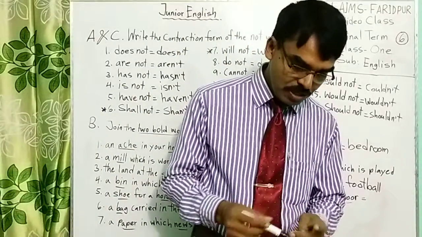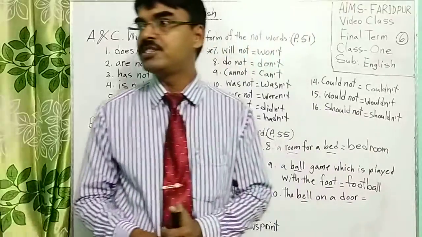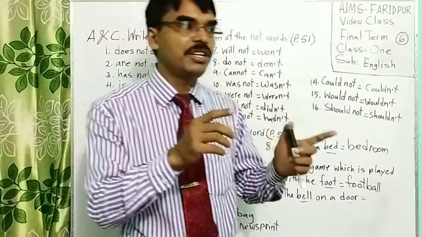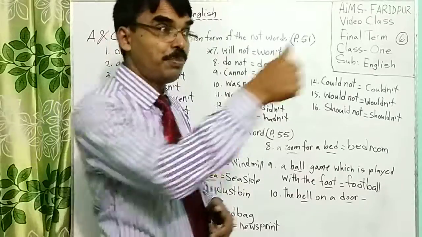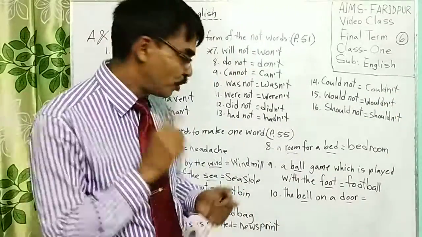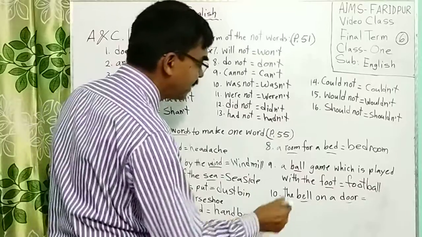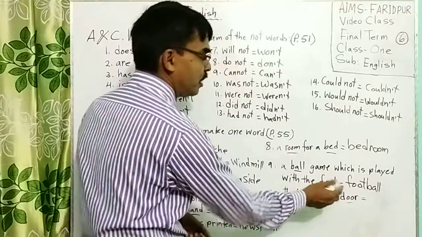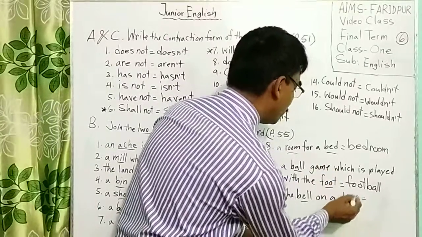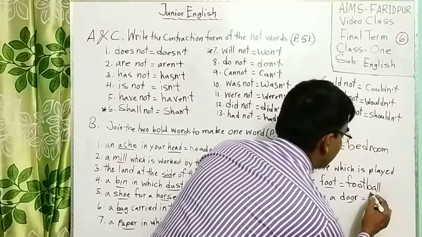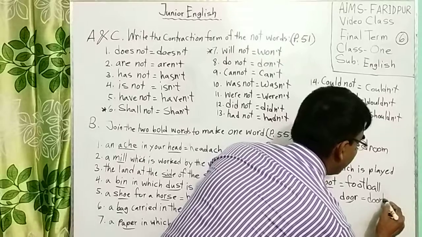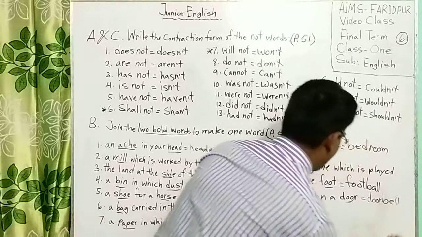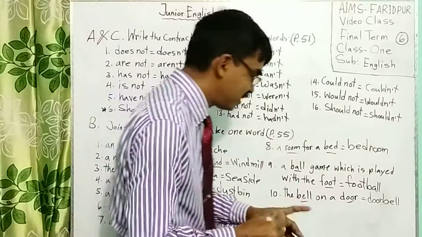We are very acquainted with this word. When we enter a room or any house, what do we do? We press the bell on the door. So here the bell on a door, last one first, doorbell, D-O-O-R, door, bell.